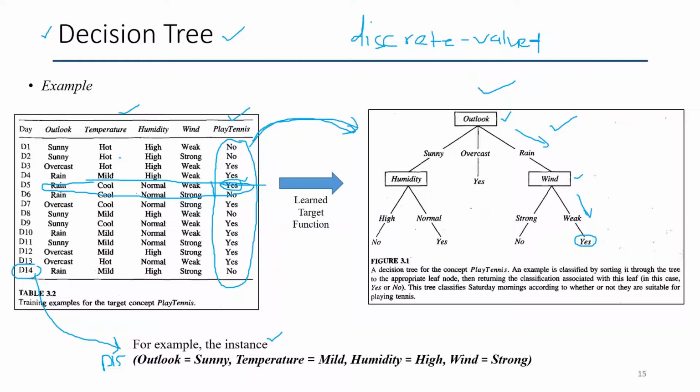First, at the root node we test the outlook attribute. In the given instance it is sunny, so we follow the left branch. Then we test the humidity attribute. It is high in the given instance, so we go in the leftmost branch, and the result is no. No need of these other attributes. Based on these two attributes only, we can say it is not suitable.